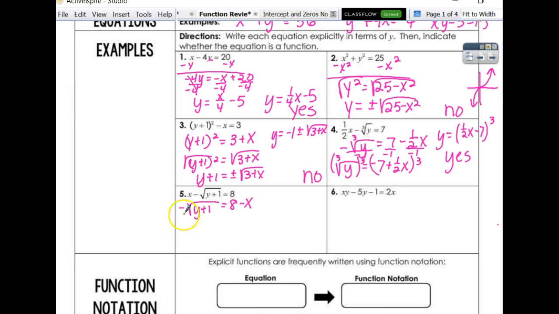And then I'm going to divide by negative 1. I'm going to square both sides. And then I'm going to subtract the 1.